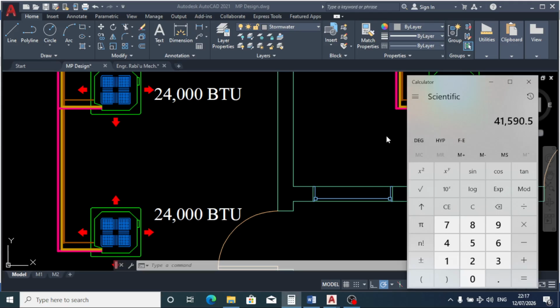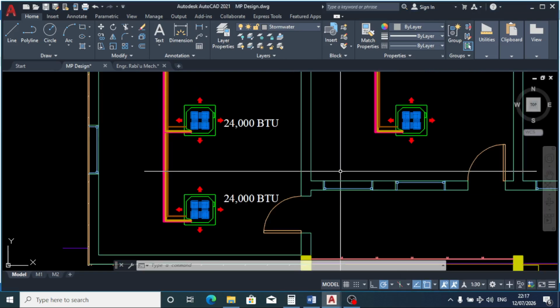So 41,590, we don't have 41,000, but we have 47,000. But 47,000 is going to be way too much for this classroom. Therefore, we are going to take the lower BTU, which is 38,000.